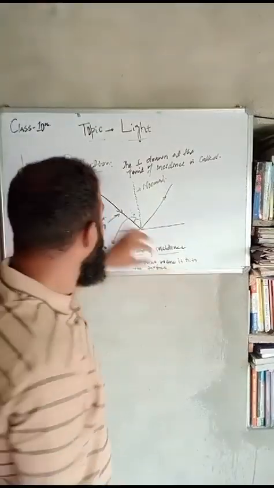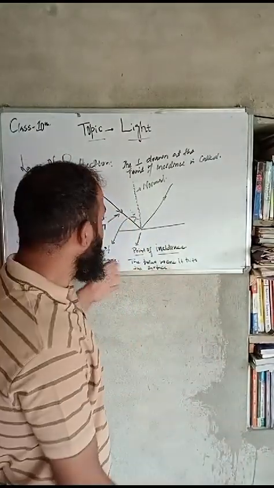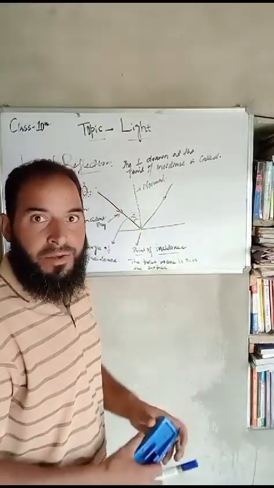So we know that when the ray of light hits the plane surface, it bends.